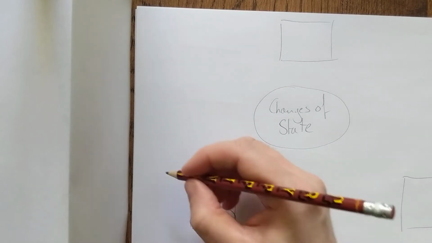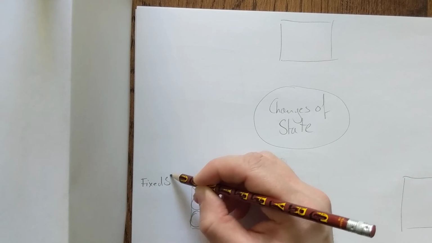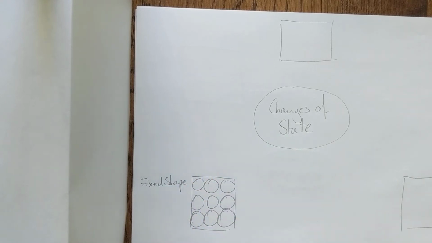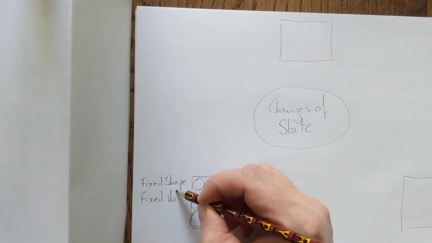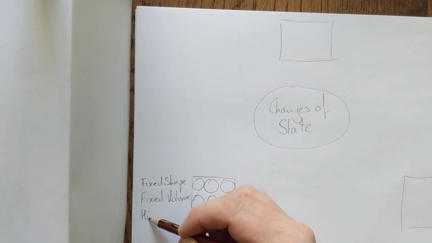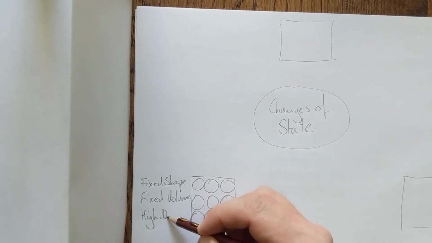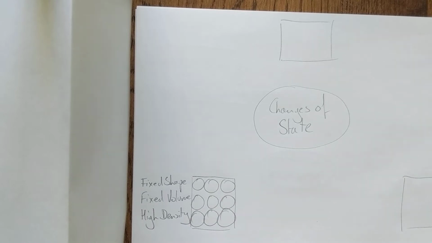Okay, so solids have a fixed shape. They have a fixed volume, and they have high density. Okay, and density you should remember from the last lesson.